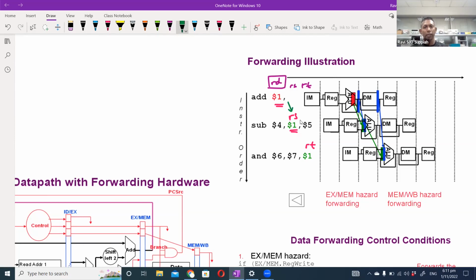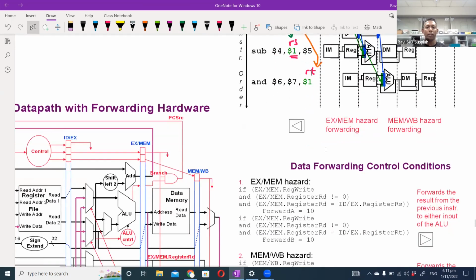Similarly, if my second instruction after that also depends on the same register, then I need to do another forwarding, but again it could be RS or RT. That is the concept. We understand this idea of forwarding based on this concept.